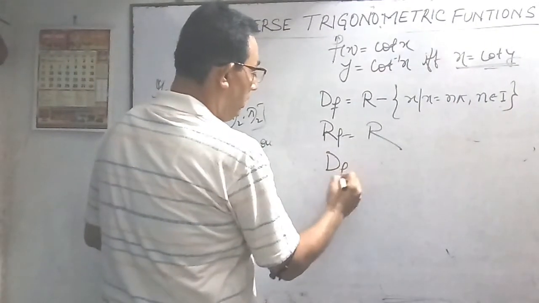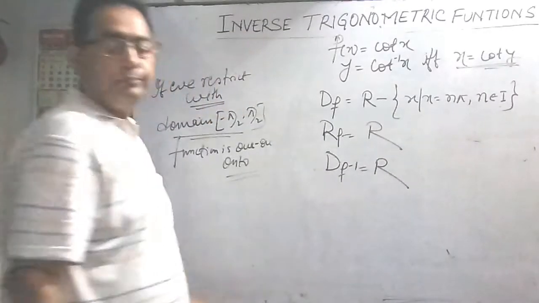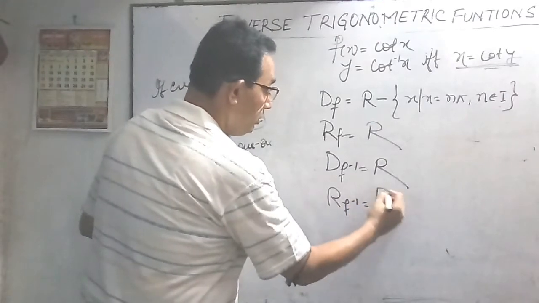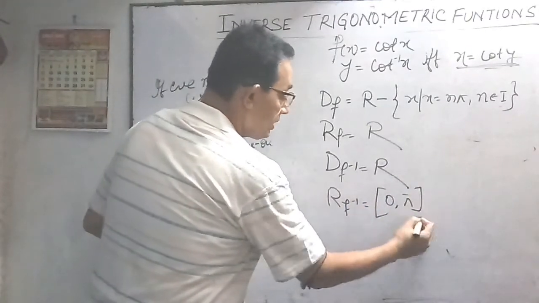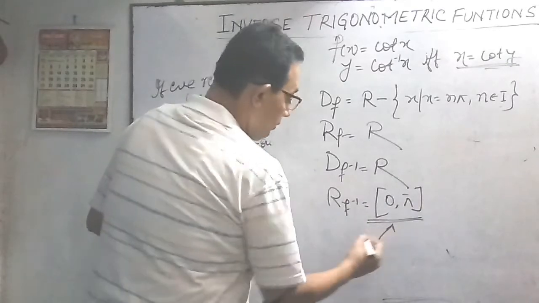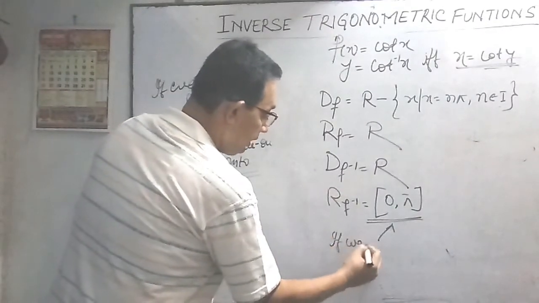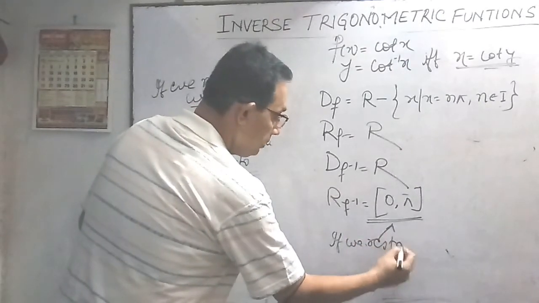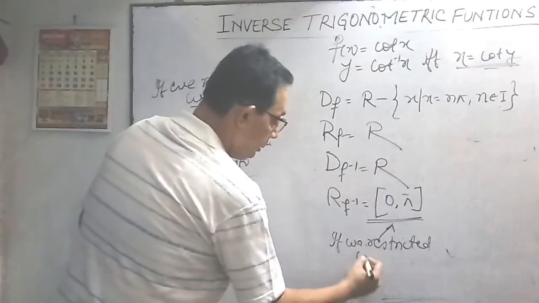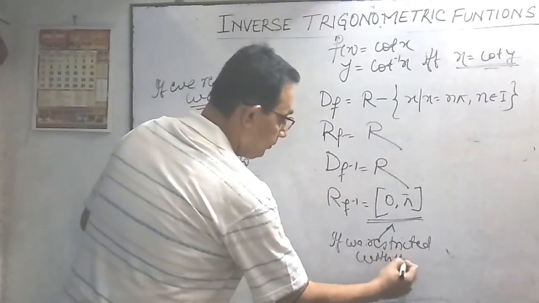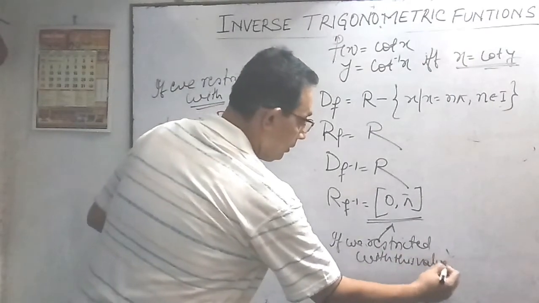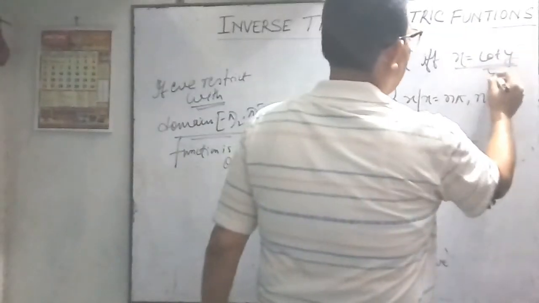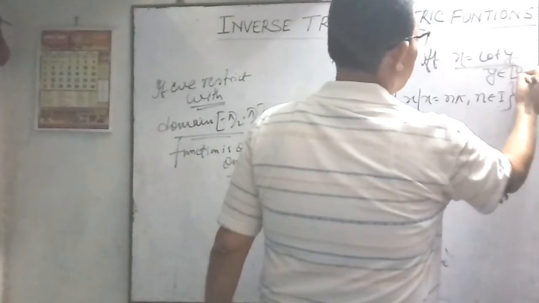Naturally, the domain of f inverse is what? Real numbers. The range of f inverse is what? 0 to pi. If we restrict to this value, then here y belongs to 0 to pi.